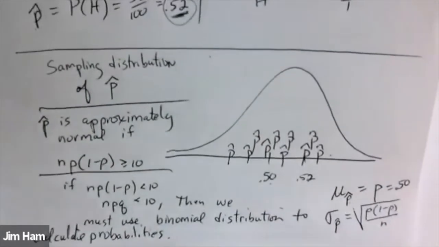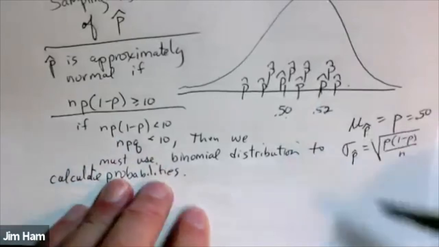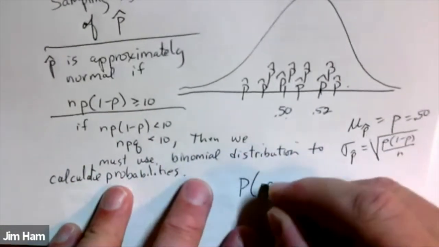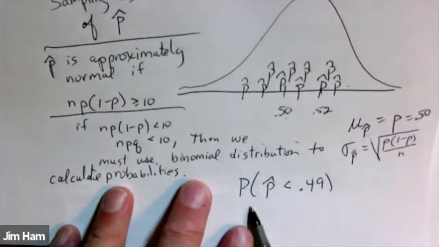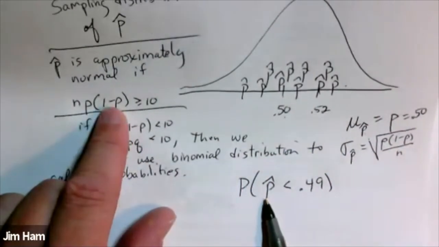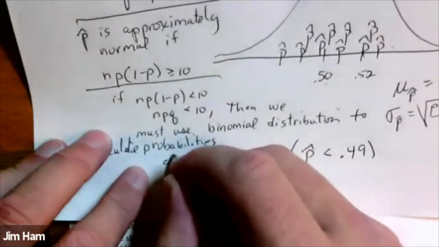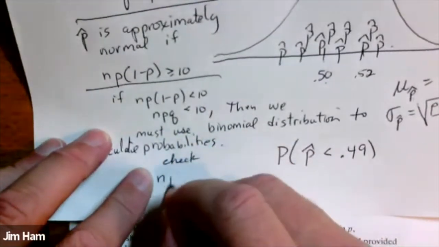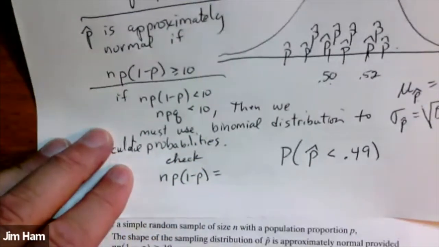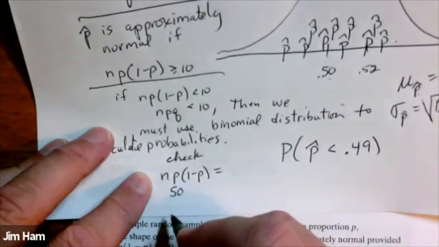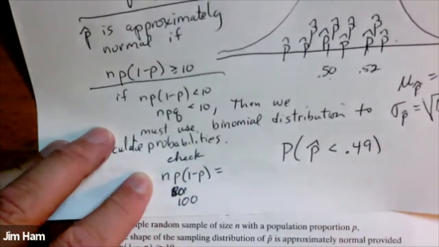So our problems will parallel what we did in the other section, but if you're asked a probability that p hat is, say, less than 0.49, then if this criteria is met, go ahead and check it. n times p times 1 minus p, in our case, the n is 100. We're rolling the die 100 times.